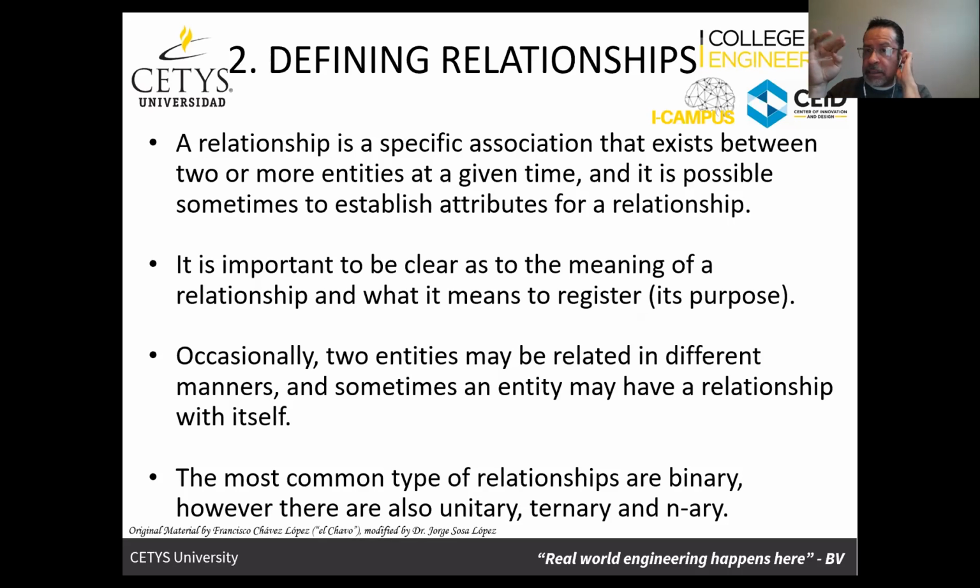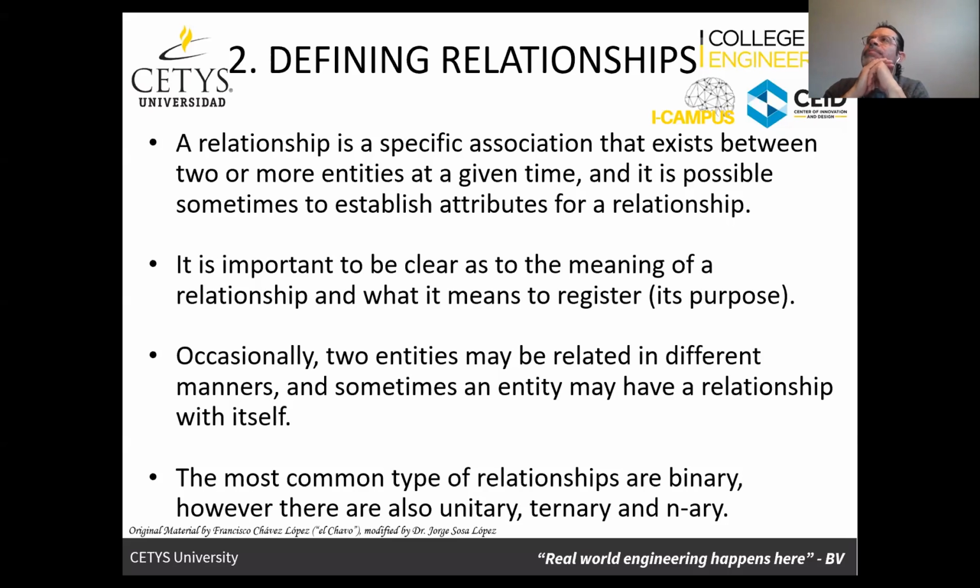Maybe two entities can have more than one type of relationship between them. Okay, that's important. Or maybe an entity can have a relationship with itself. I'm going to see those situations as well.